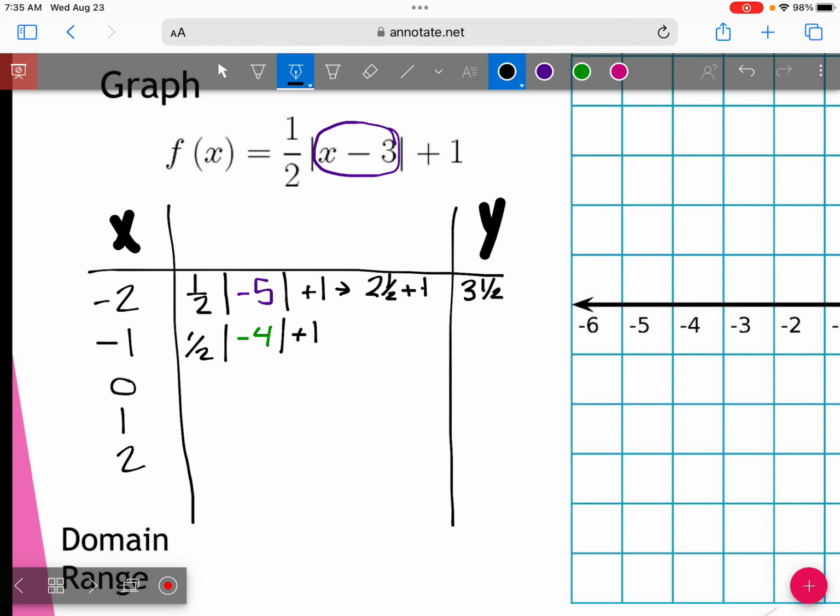The absolute value of -4 is 4. So we get 1/2 times 4, which is 2, plus 1, 3. It's a lot of work to get a 3. If you need to do it off to the side, this one's definitely our longest one of the day.